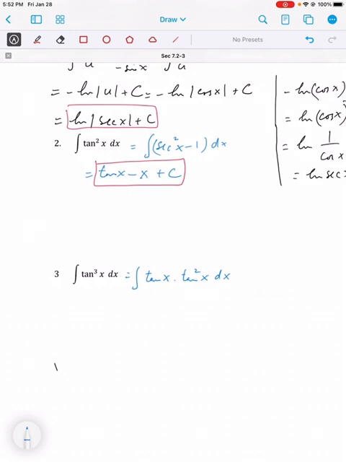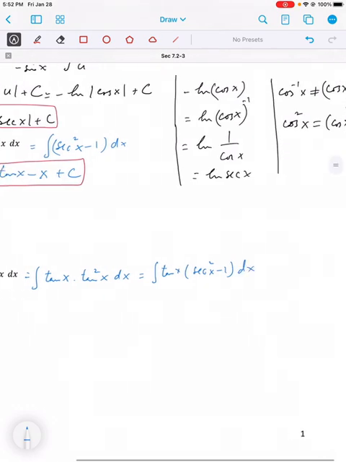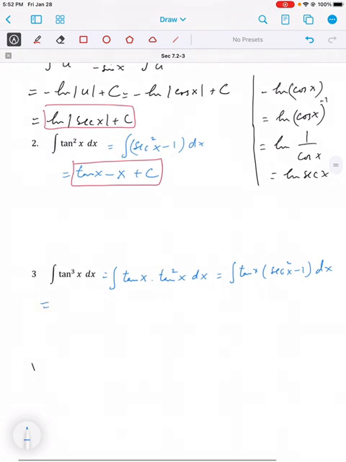The tangent x I will keep as it is, and the tangent square x we will convert into secant square x by using our identity. So we get the integral of tangent of x times secant square x minus 1 dx.